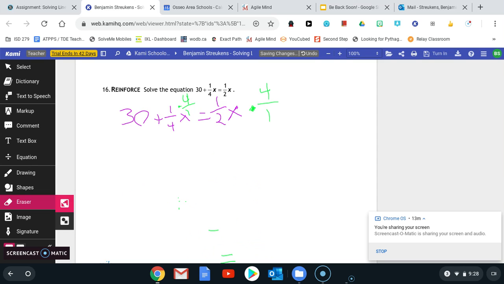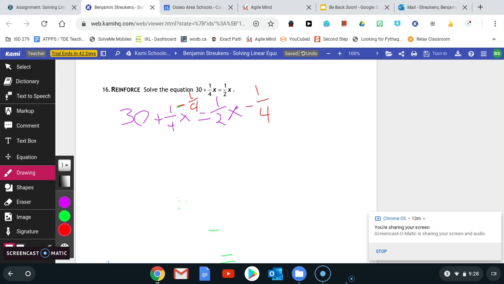So if we subtract 1 over 4 and subtract 1 over 4, basically this is now just saying that it's 1/2 minus 1/4, which is going to give me 1/4 x, which is going to equal 3.